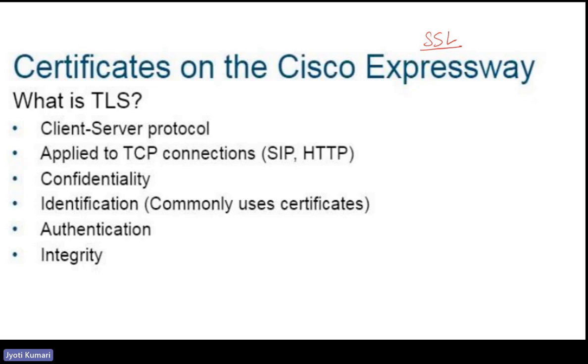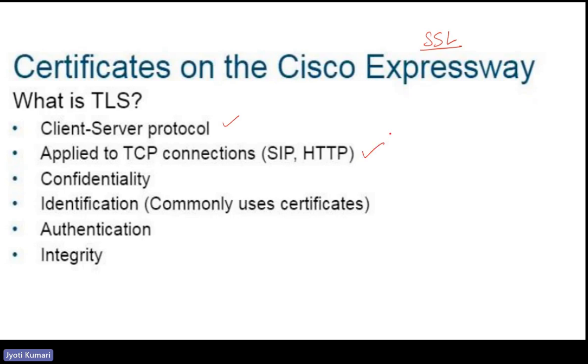There are various use cases for TLS, for different protocols and communications. It is a suite of TCP protocols, and it primarily aims to provide privacy and data integrity between the two communicating hosts or applications. It uses a server-client model applied to TCP connections like SIP.